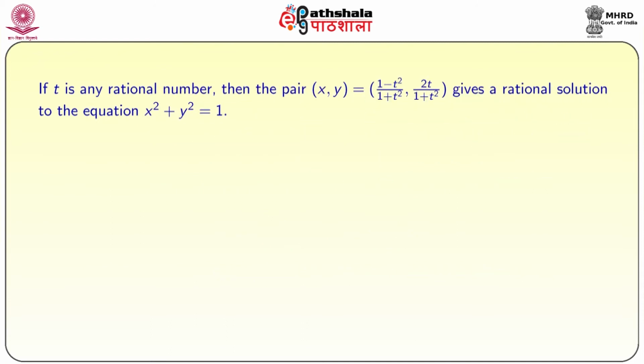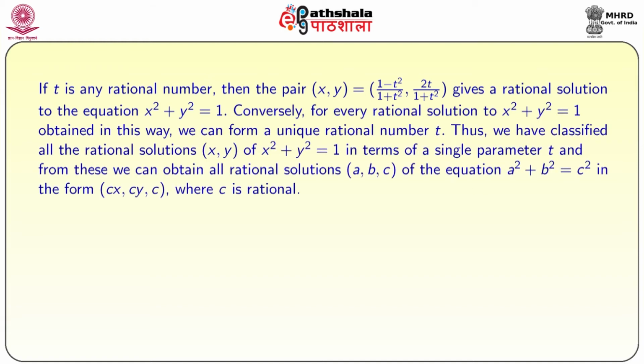If t is any rational number, then the pair x comma y equal to ((1 minus t square) by (1 plus t square), 2t by (1 plus t square)) gives a rational solution to x square plus y square equal to 1.